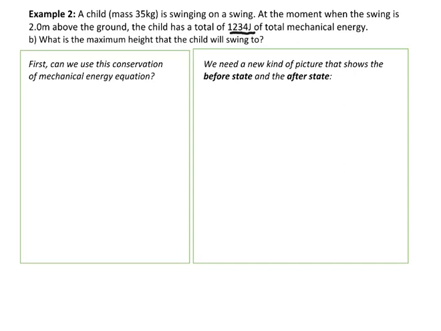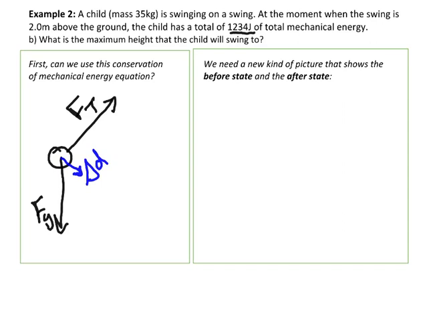To check, I need to draw a little free body diagram. So here's the child, there's the swing. They would feel a tension force, and they'll feel a gravity force. And their delta d at this moment in time is going to be following like a curve, right? But at this moment in time, their delta d would look like this. Notice that there's definitely a component of gravity that is parallel to delta d.